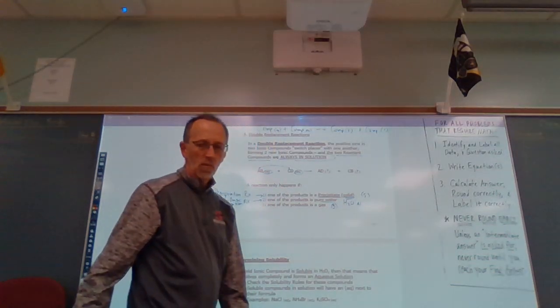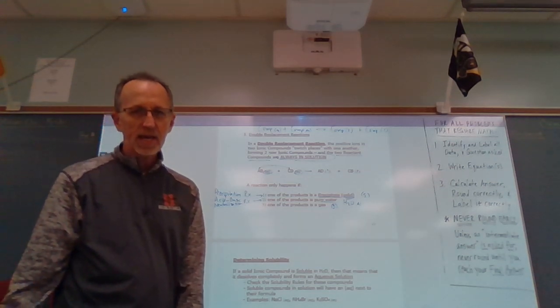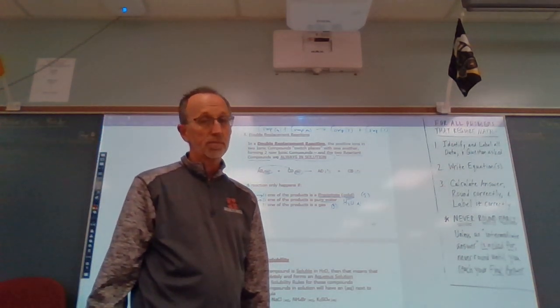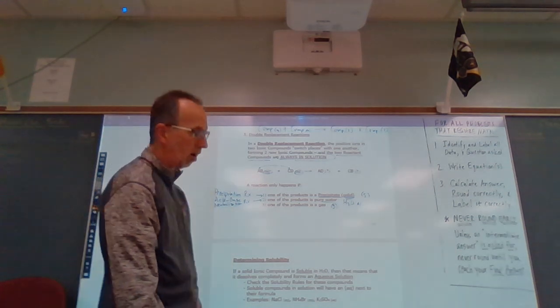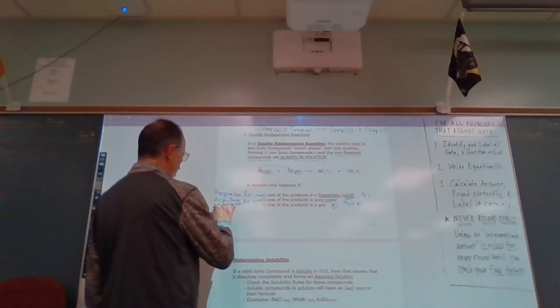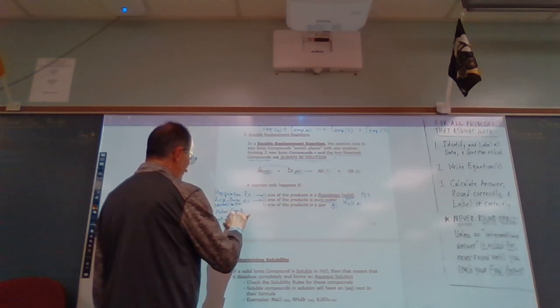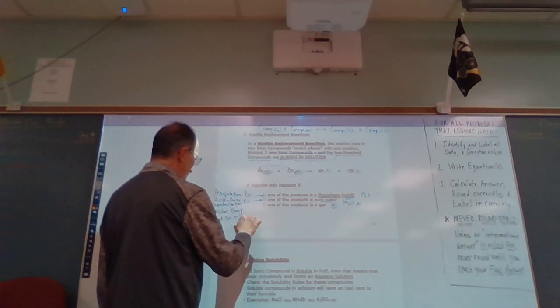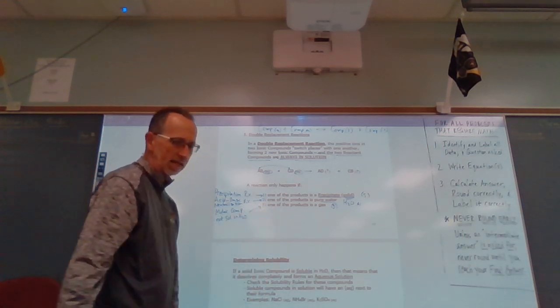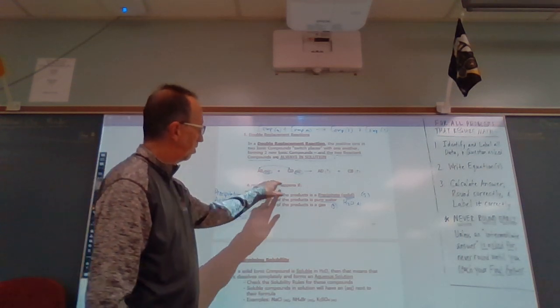All right. And number three, one of the products is a gas. Well, if it's a gas, it's probably a molecular compound, and most likely a polar one. So this would be a molecular compound not soluble in water. Remember, these are both solutions.